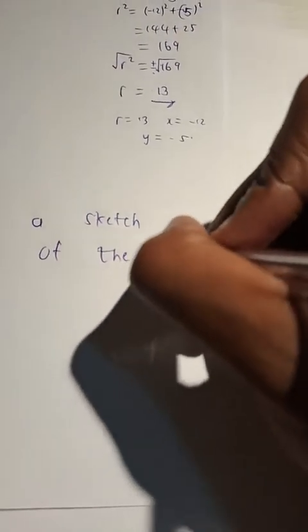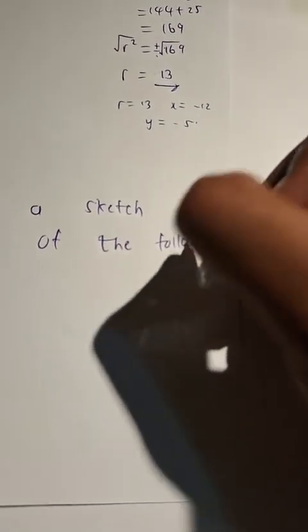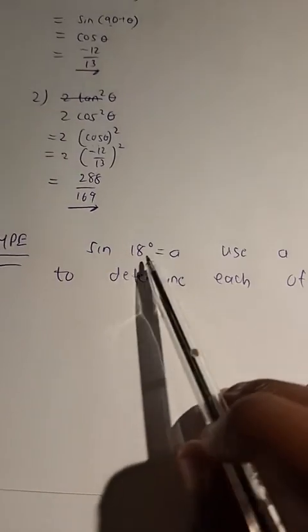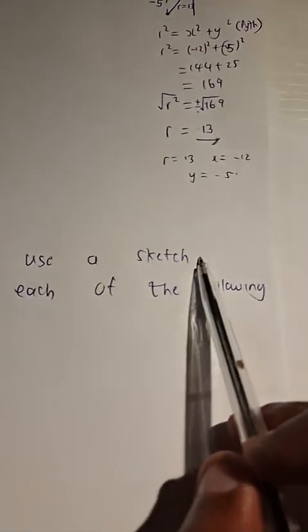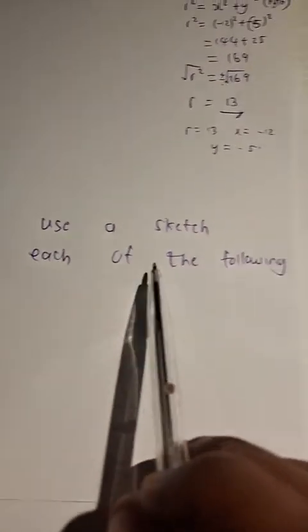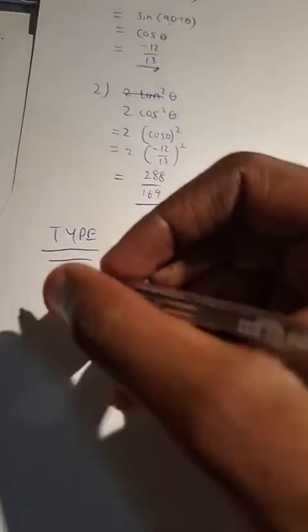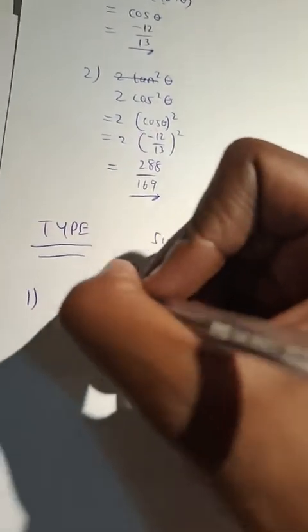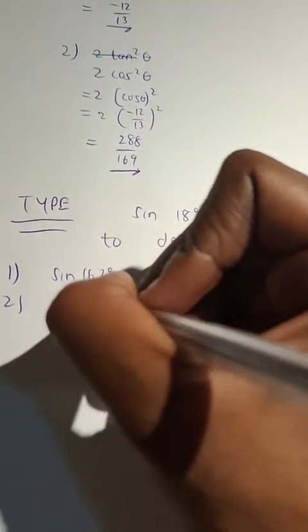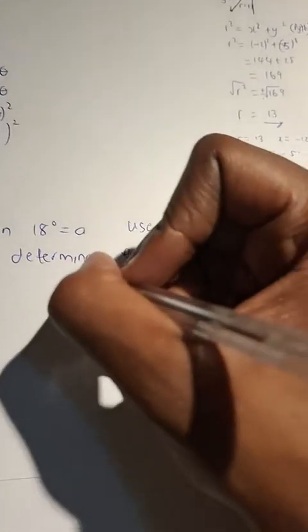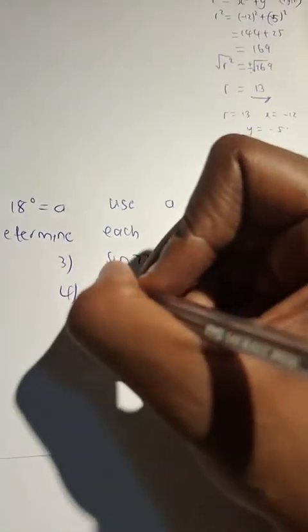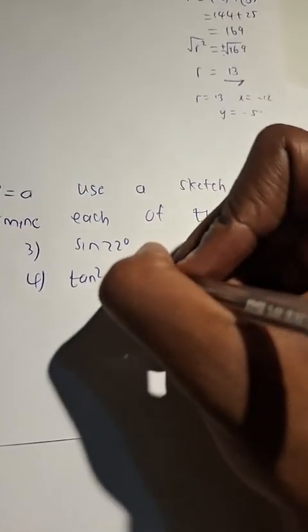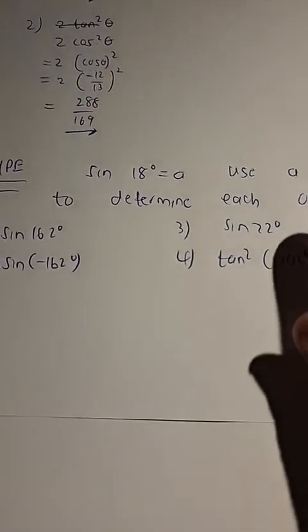And each of the following that I am talking about is: 1, sine of 162 degrees; 2, sine of negative 162 degrees; 3, sine of 72 degrees; 4, tan squared of 702 degrees.